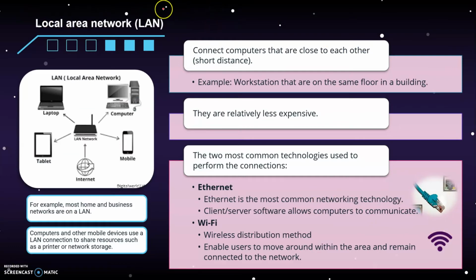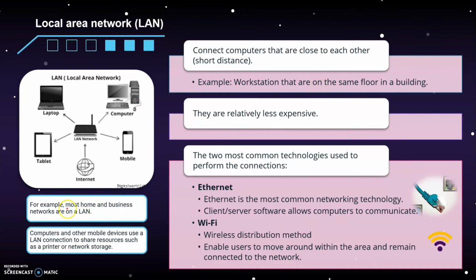So local area network, okay, local area network, meaning to connect computers that are close to each other, okay, which is in a short distance. For example, workstations that are on the same floor in a building, okay.